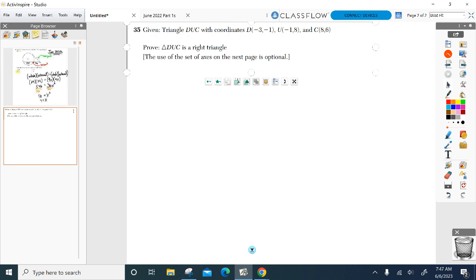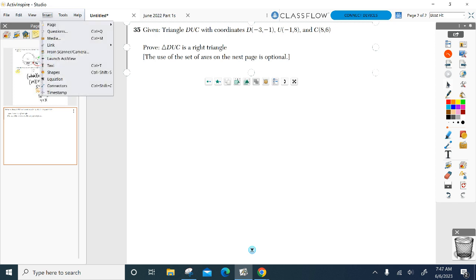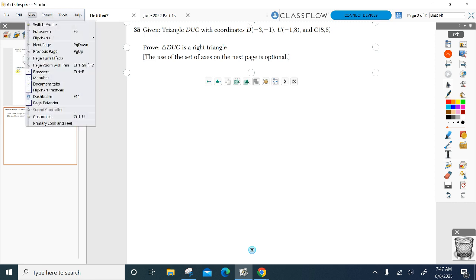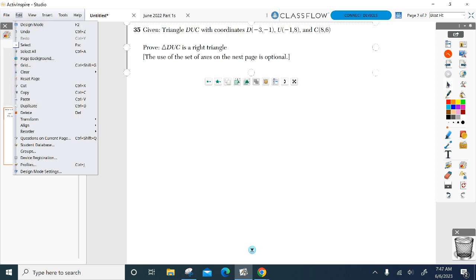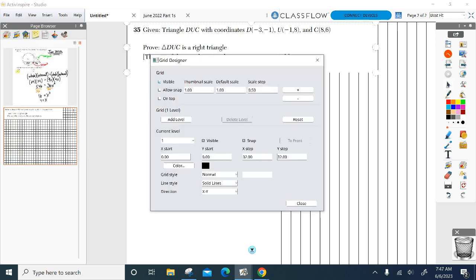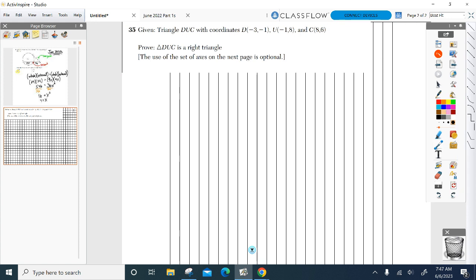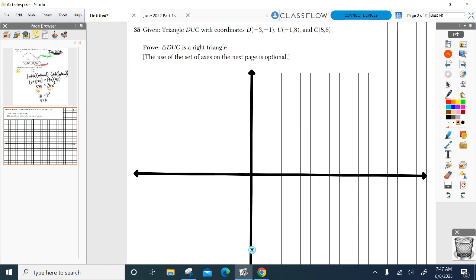All right, so I need a grid here. Insert, edit, view grid. So there's multiple parts here. I'll make a deal here, Charlie and everybody else in class.